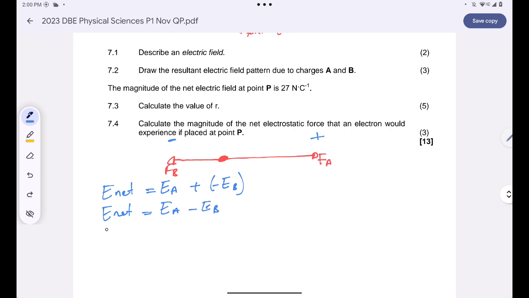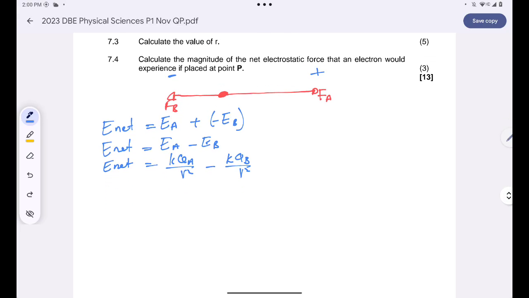So I know that my E net will be equal to E of A minus the electric field due to B, which simply means that E net is equal to K QA over r squared minus K QB over r squared, right? However, the E net is 27 newtons per coulomb. K is 9 times 10 to the power 9 multiplied by positive 3 nanocoulombs all over r squared.